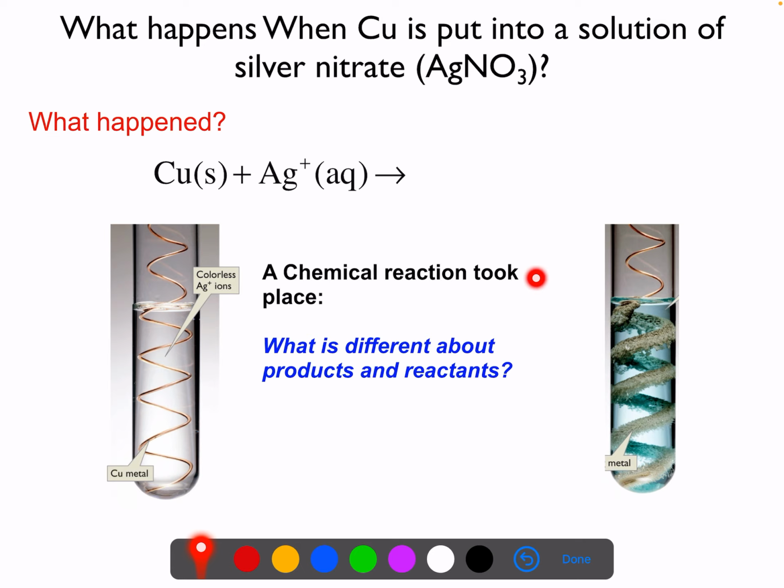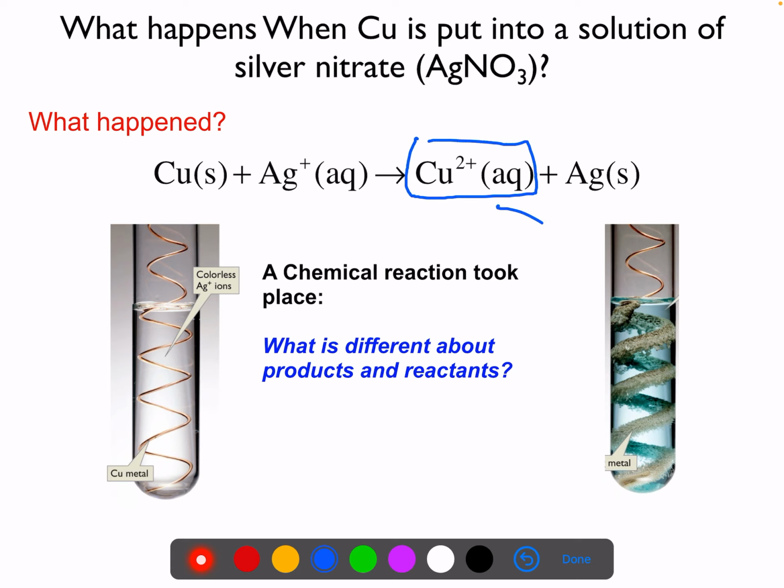All right, so we know a chemical reaction took place. So what are the products of this reaction? If we look at the products, what we see is we have copper 2 plus, and the blue color from the solution in the liquid comes from our copper 2 plus ions.